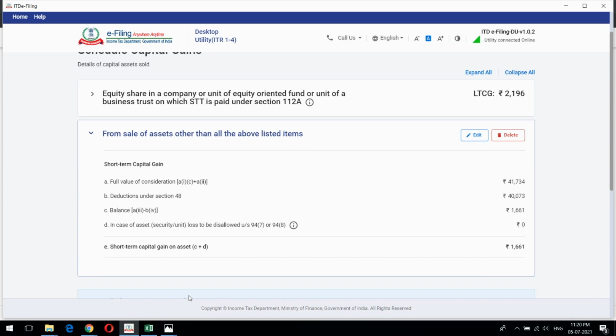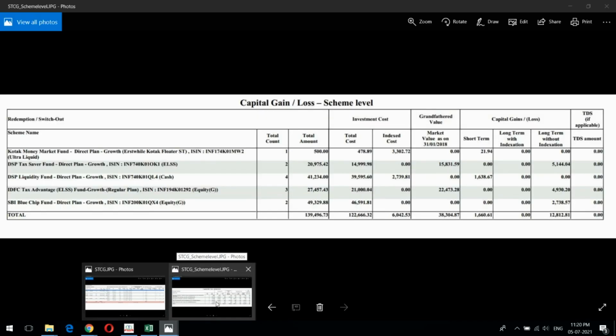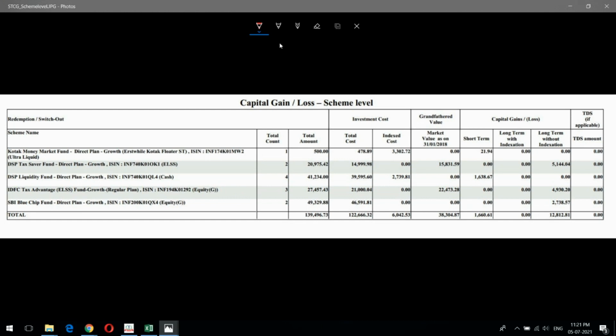Let me go there. This is one of the sample capital gain or loss statements, which is divided at scheme level. Now, if you see, this is the short-term section.